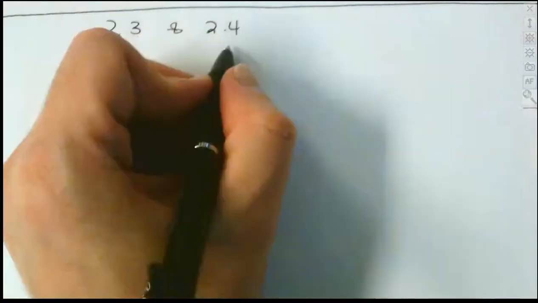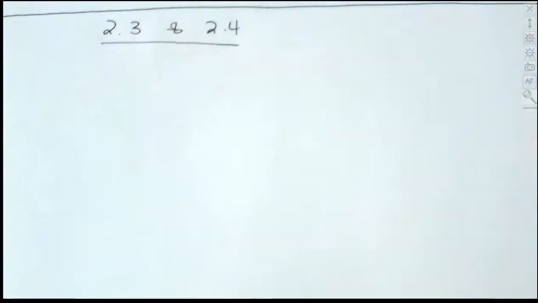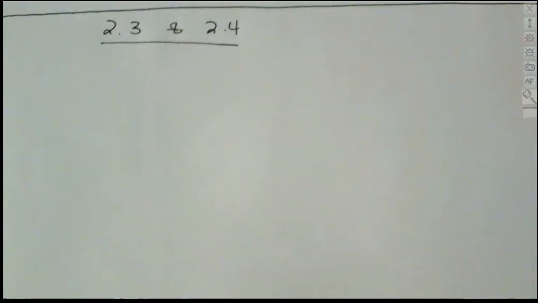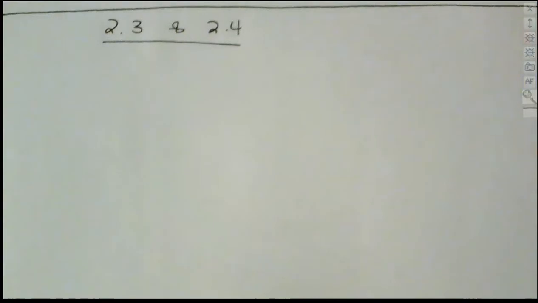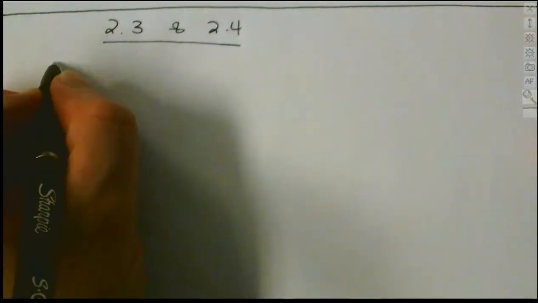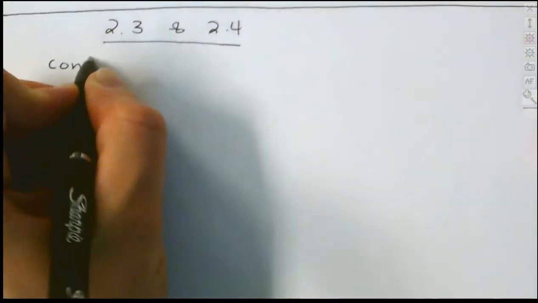When we go to 2.3 and 2.4, we need to talk about the different types of equations. And there's 3 basic types. There's the conditional equation.